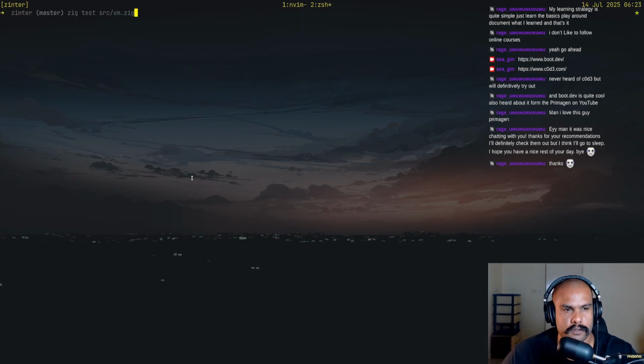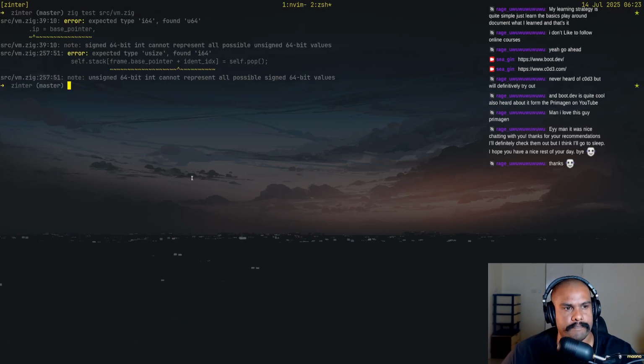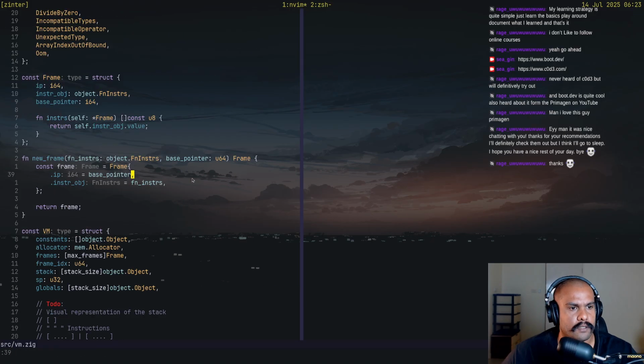I use globals to track that, so it should be fine. 39. Base pointer.